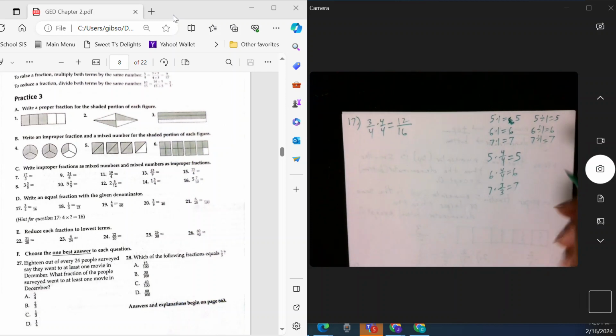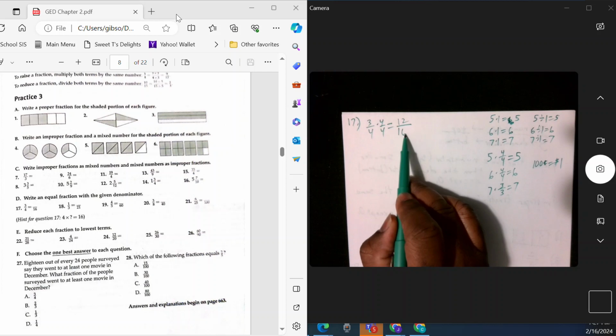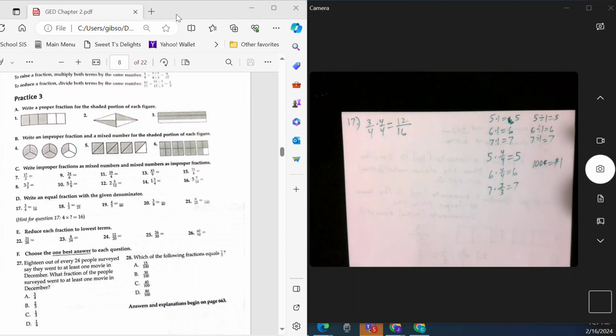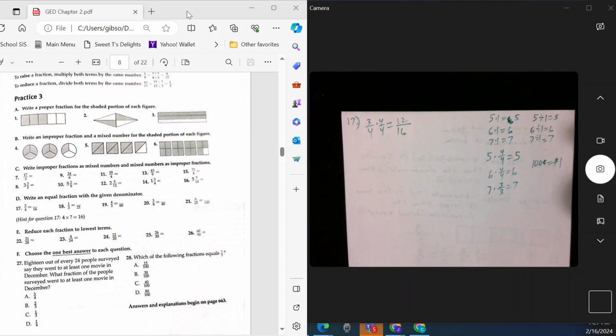It's the same concept as taking 100 pennies, 100 cents, and writing it as $1. Their value is the same even though they look different. And that is what's happening here. Even though 3/4 and 12/16 look different, they have the same value. But the reason we know they have the same value is because we multiply by a form of 1, which does not change the value.